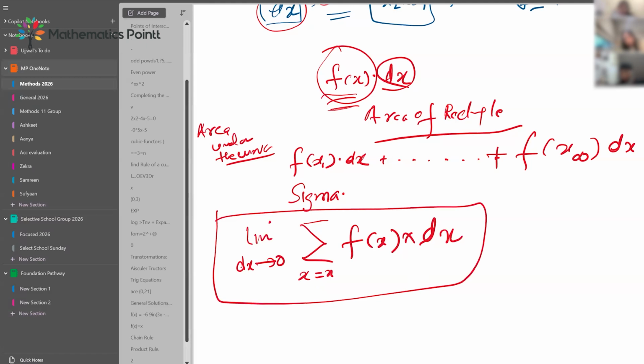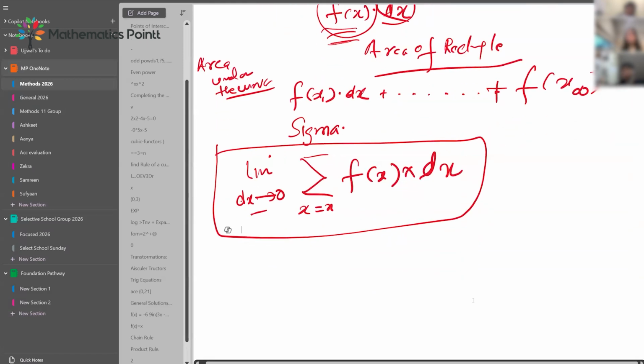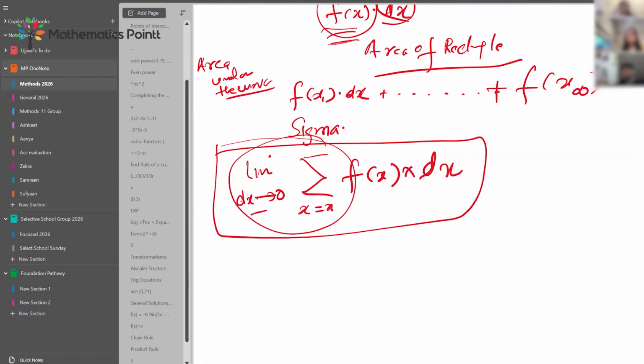This is the area under the curve by adding infinite rectangles of a very, very small width of equal size. Later down the track, the mathematicians eventually didn't like writing these symbols. So they said, okay, hang on, let's simplify this.